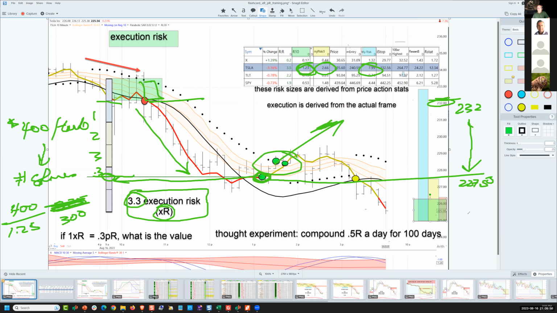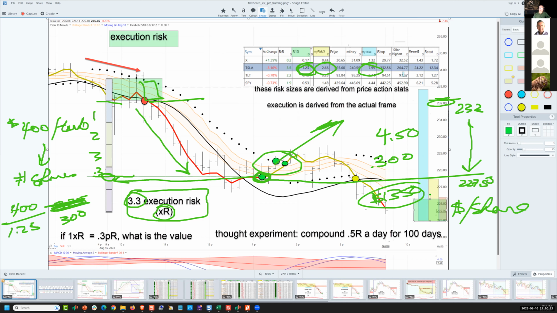So the capture of dollars per share, just from an execution basis, is $4.50. So if I have 300 shares, then I make $13.50, American dollars.